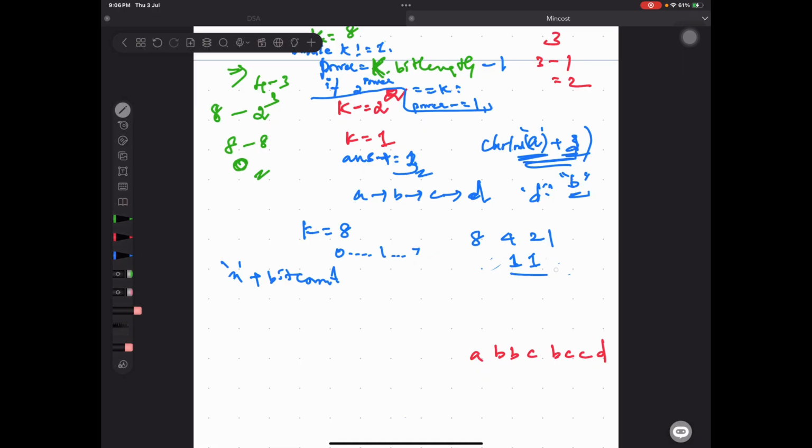So our answer will be A plus 2, which is C. So how does that work? So k equals 6 means this is the 7th character. Sorry, k equals 6 means that is the 5th character, right? Sorry, my bad. So see, this is the 5th character.